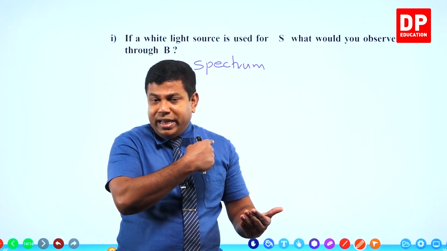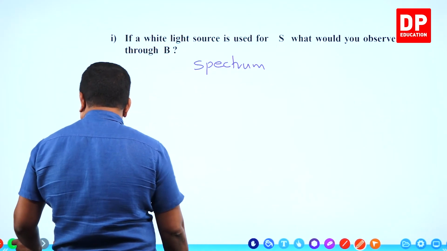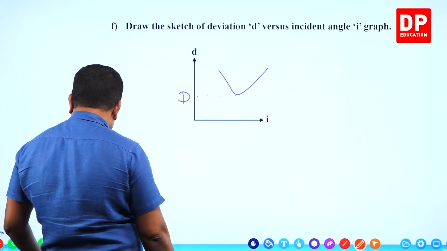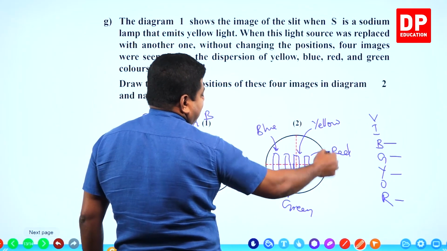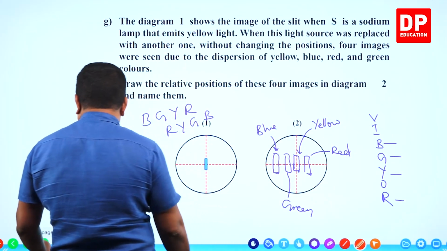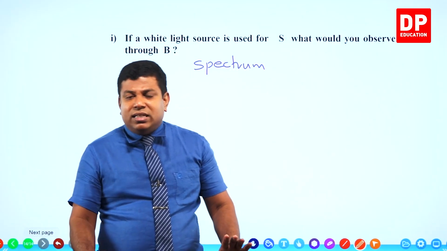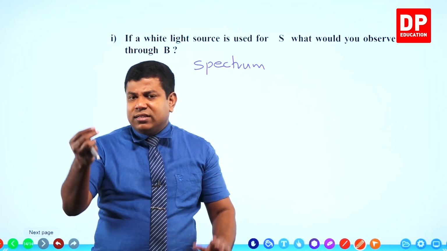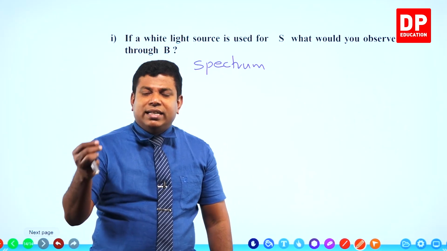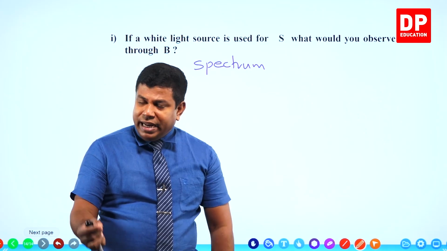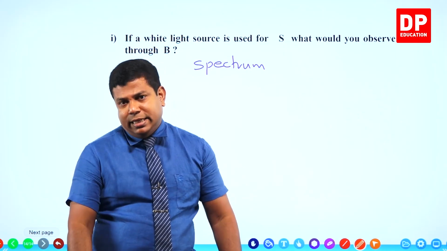The one we had in the previous one is also a spectrum, but not a pure spectrum because we didn't have all 7 colors. What would be a usual white light source? The tungsten light is a good example of a white light source. It has all 7 components in it.